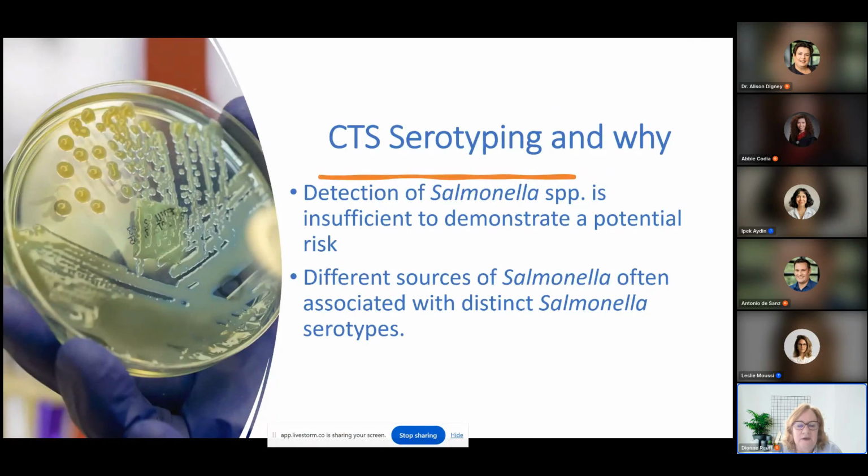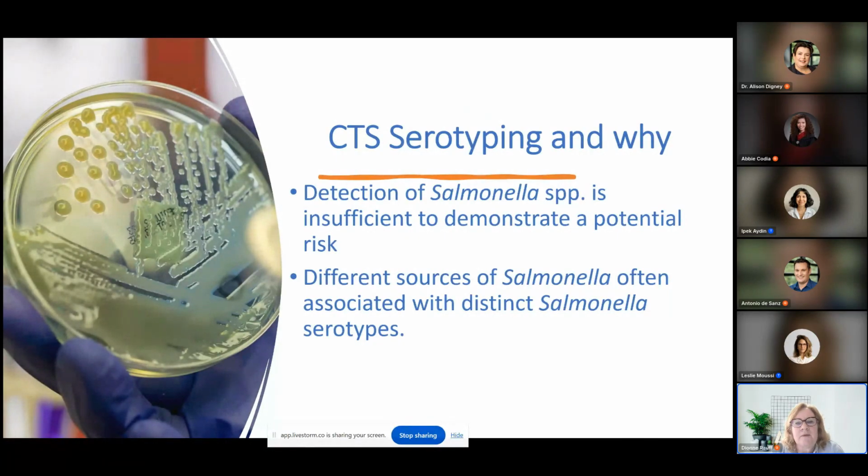And if we look at the latest standard that is now being signed off for our export of poultry products, it states that an entire farm is under quarantine and may not export if there's SE identified. But if you don't know what you have and you just have Salmonella species, you cannot then look at what your risk is and whether it needs to be quarantined or not.